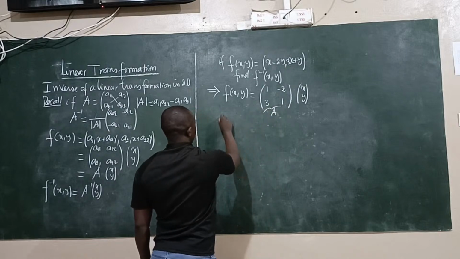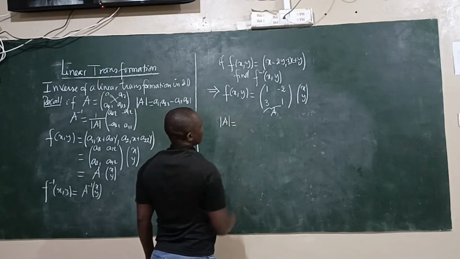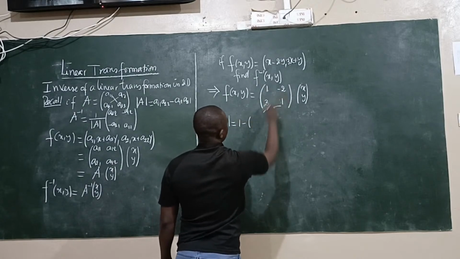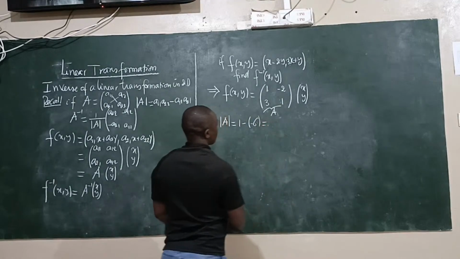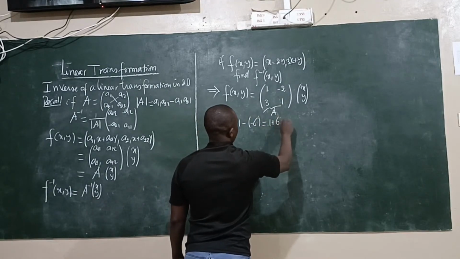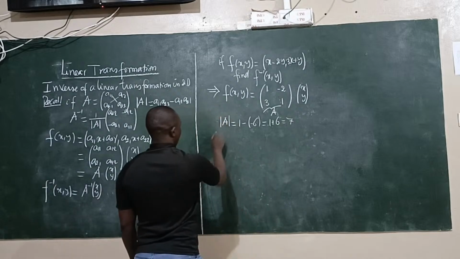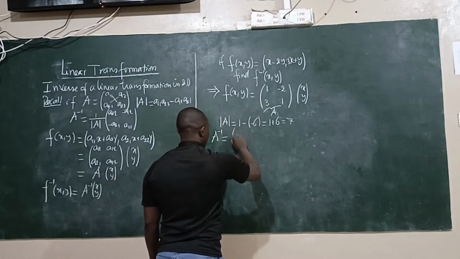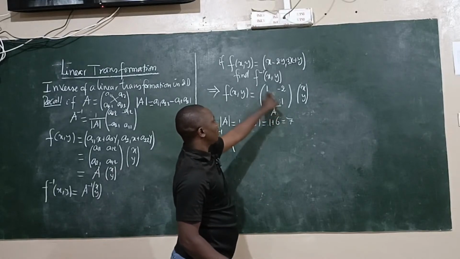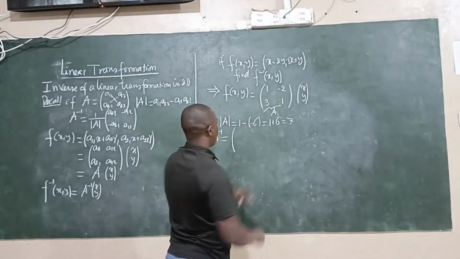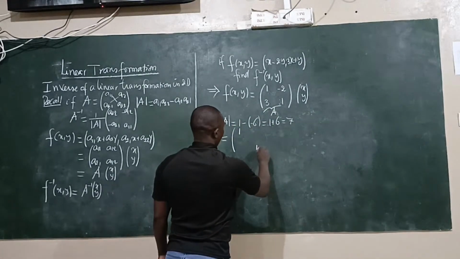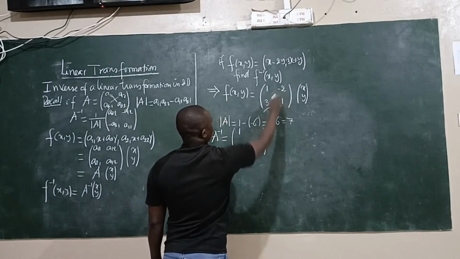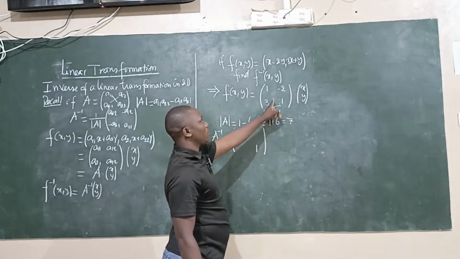If that is a matrix A, the determinant of that matrix will be given by this times this, that is 1, minus this times this, which is -6. Here is going to be 1 plus 6, and this is 7. We saw that the inverse of matrix A is got by switching the leading diagonal elements, and the second diagonal elements are multiplied by -1.